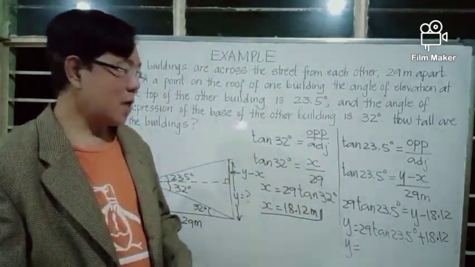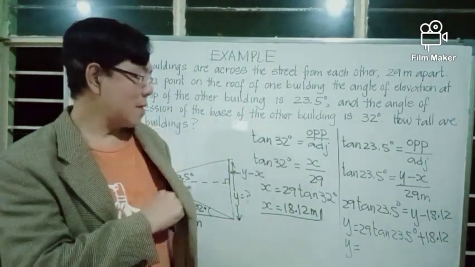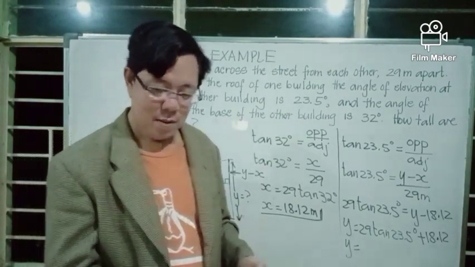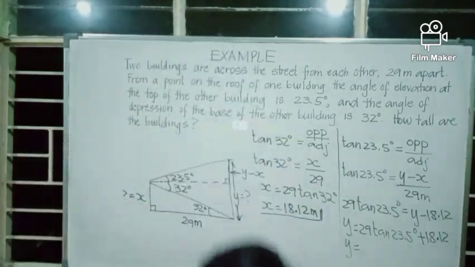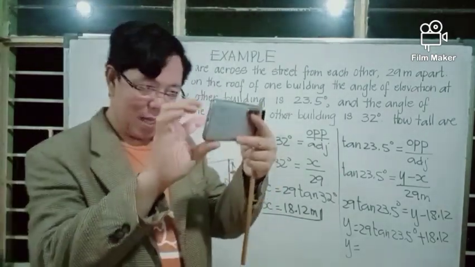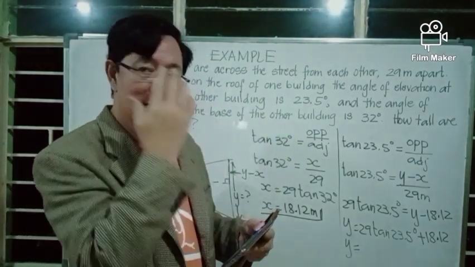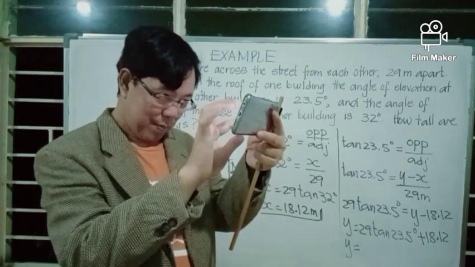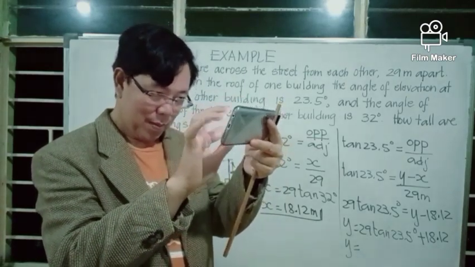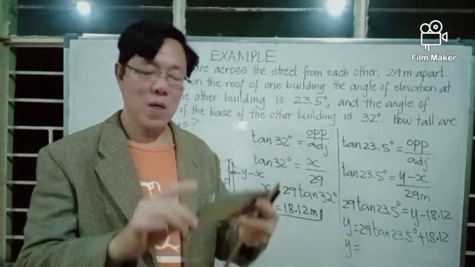And we find y, this sum, using a calculator. 29 multiplied by tangent of 23.5 plus 18.12.